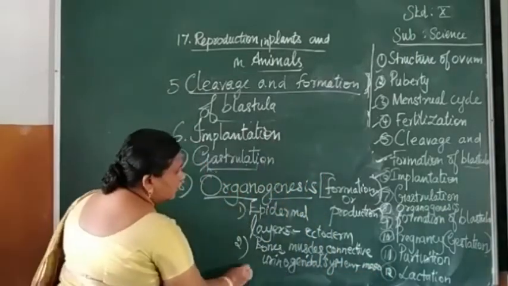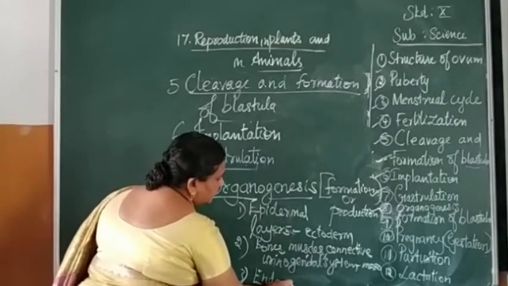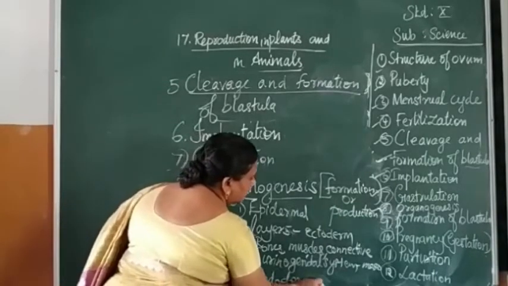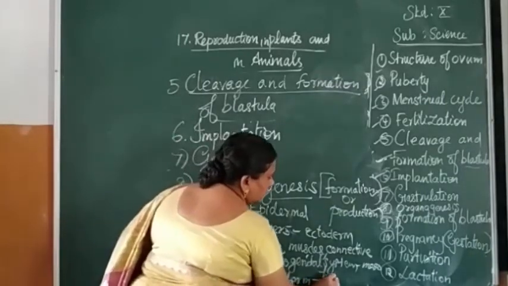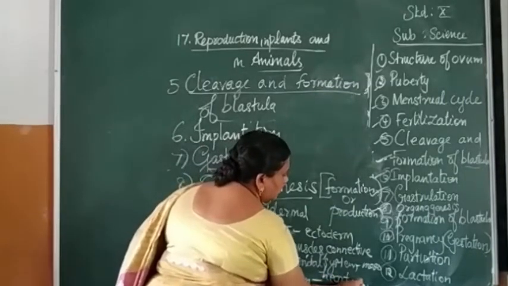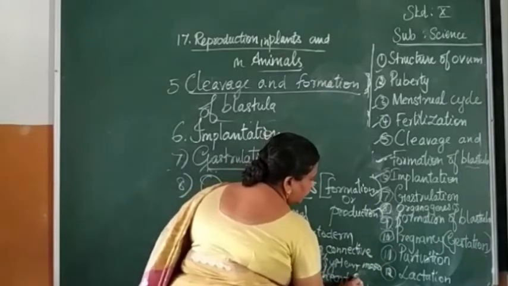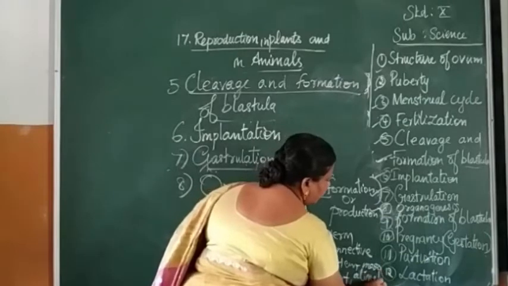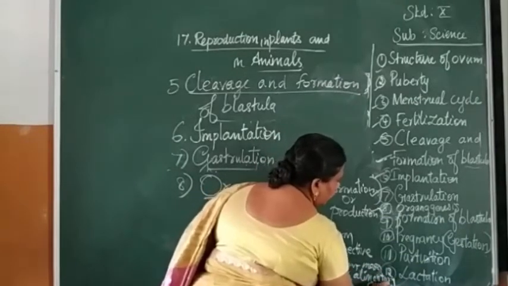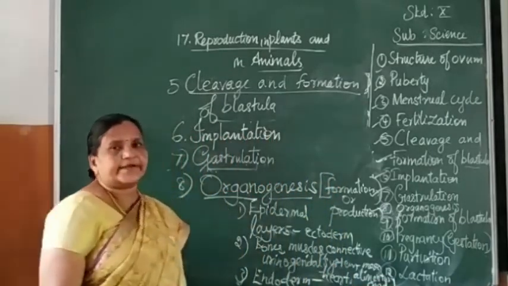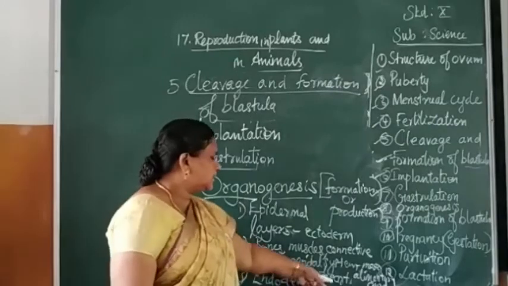And from the endoderm, interior side, the organs which are produced are heart, alimentary canal. Alimentary canal means digestive system. And the glands, thyroid glands, parathyroid glands, important glands are also produced in this area.